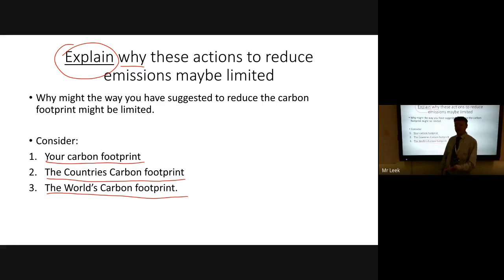If you've got your Xbox at home, and you could reduce the carbon footprint by turning off that Xbox, why will you not do it? The answer to that is reasonably obvious. So I want you to explain why it is difficult to actually reduce your carbon footprint.